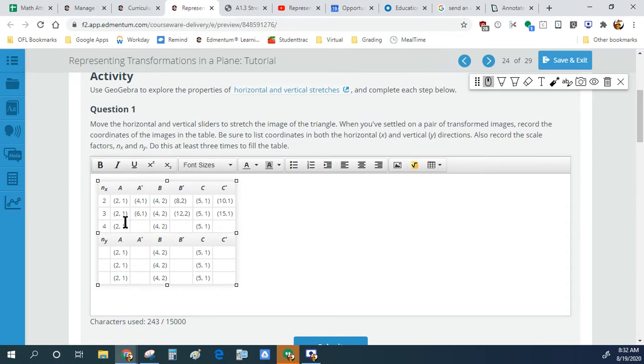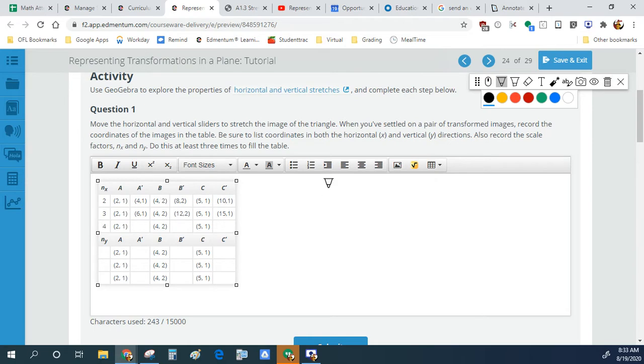And that's all we're doing for this exercise. Whatever number we're doing, we're going to multiply that here. So basically what's happening is it becomes n times whatever our original x is, comma y. So we're leaving these y's the same. So all of the y's are going to be the same for the horizontal stretch.